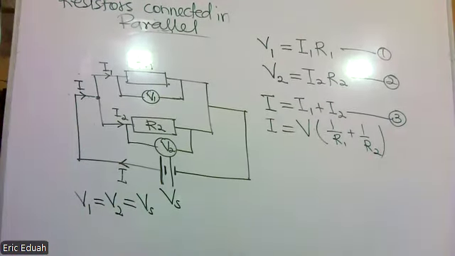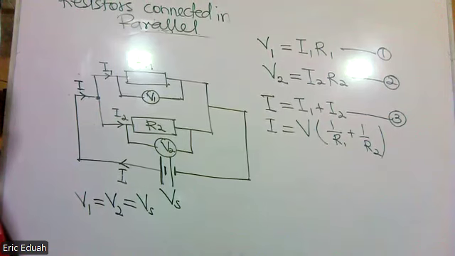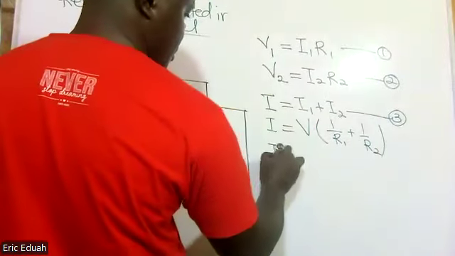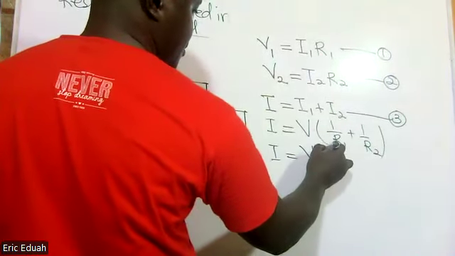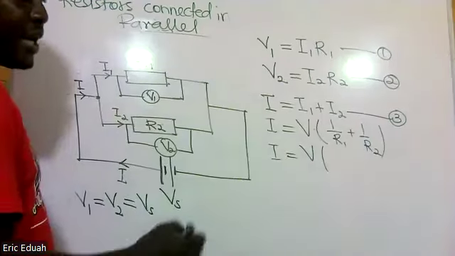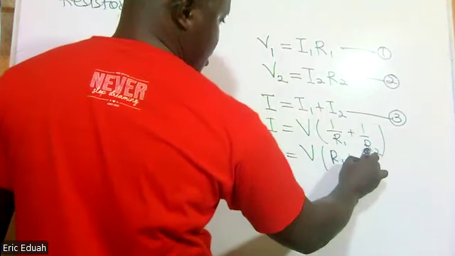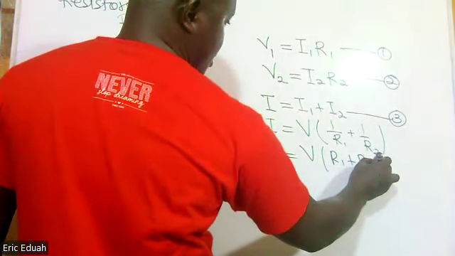Okay, Watson, is that what you also got? Instead, I don't simplify my own like this. What did you get after your simplification? I is equal to V out, R1 plus R2 on R1 R2. I is equal to V out and R1 plus R2 in bracket all over R1 times R2.